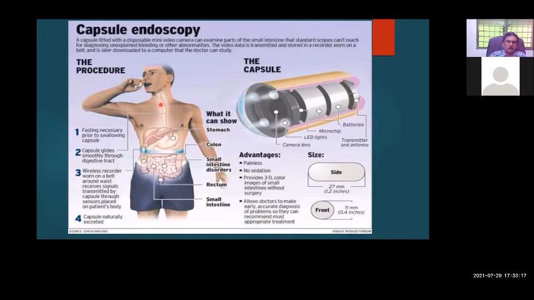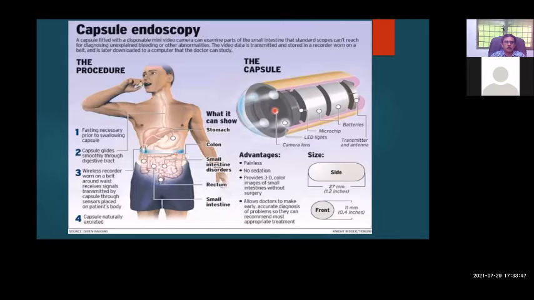So this capsule traverses the length of the gastrointestinal tract from mouth to the anus, and as it does so, it takes pictures and videos. And these images are transmitted to recording devices which are strapped to the patient.